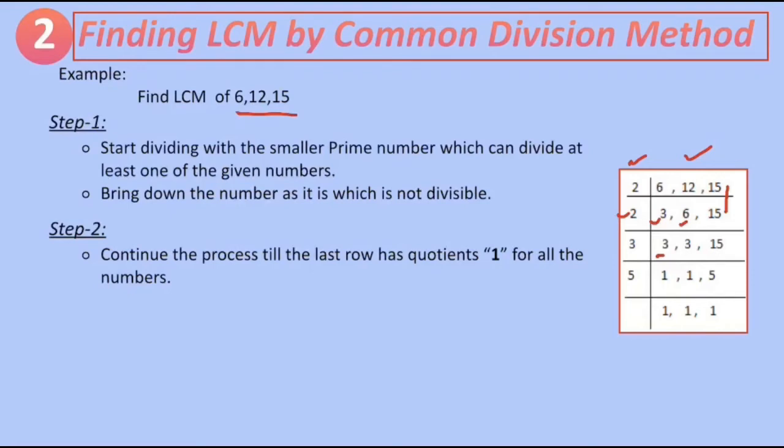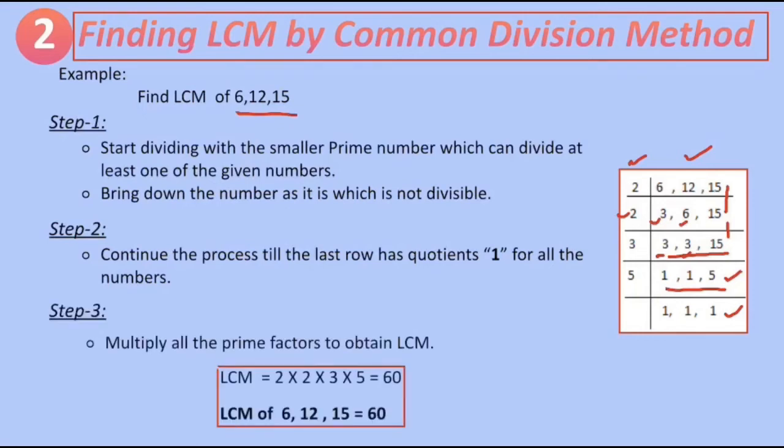And 6 is divisible by 2, gives 3. 15 is not divisible by 2, so write it down. Now all these numbers 3, 3, 15 are divisible by 3, which gives 1, 1 and 5. And now this 5 is divisible by 5, which gives the quotient as 1 in all the numbers.